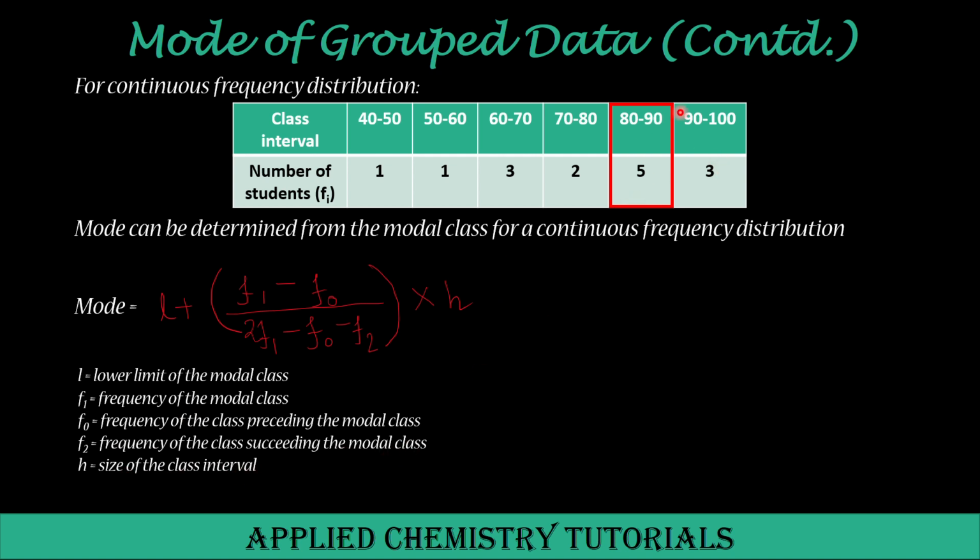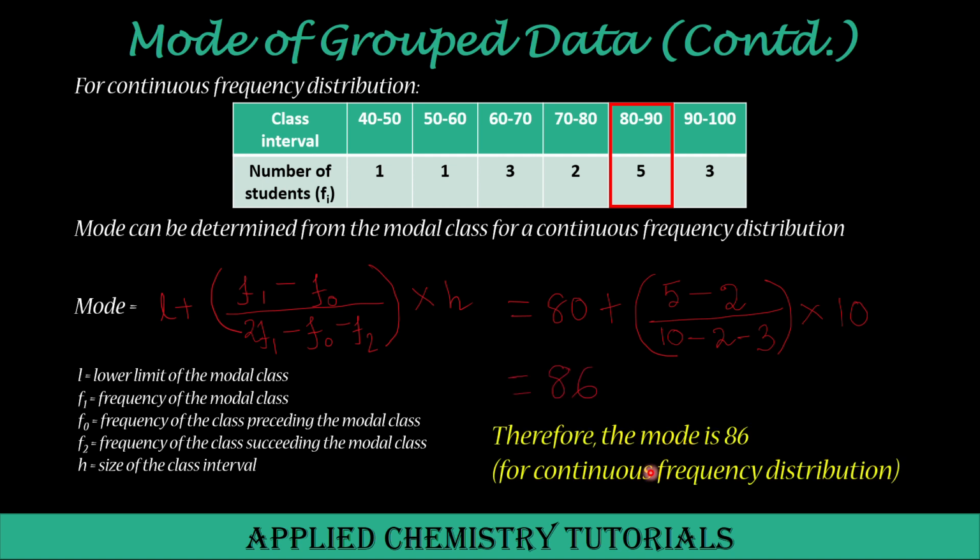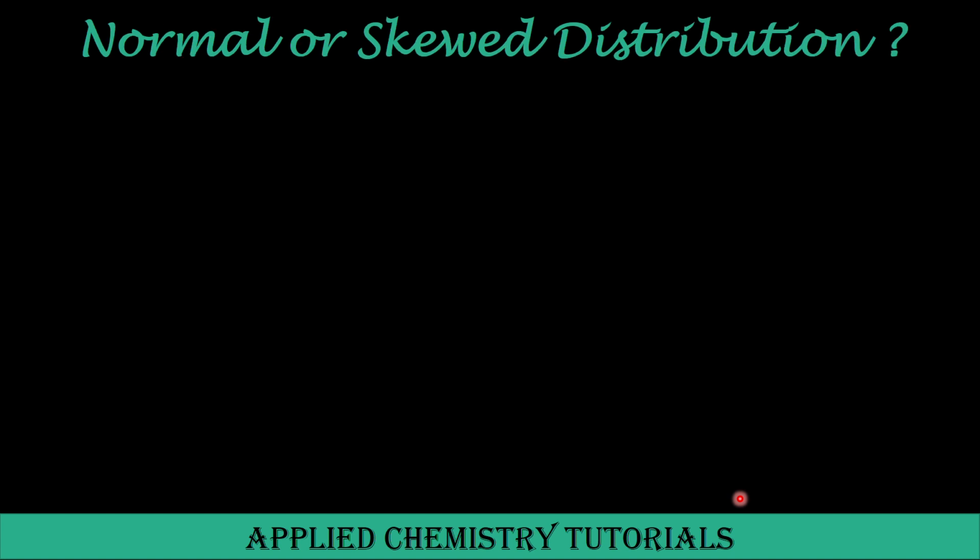Now h is the size of the class interval, which is 90 minus 80 equals 10. Similar to the median calculation, h needs to be the same size for all the class intervals. So we can plug in those numbers and get the mode equal to 86. So the mode is 86 for the continuous frequency distribution.